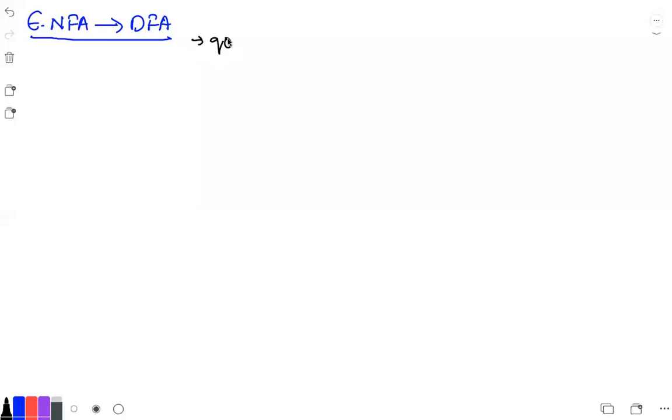I'm taking a basic Epsilon-NFA: Q0 on A, epsilon Q1 on B, epsilon Q2 on C. This is the final state. It's the same as the previous one, but instead of 0, 1, I have taken A, B, C. This is a standard example. For this Epsilon-NFA, you are asked for the corresponding DFA.